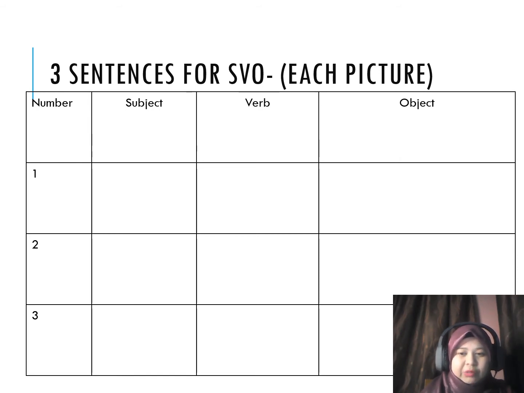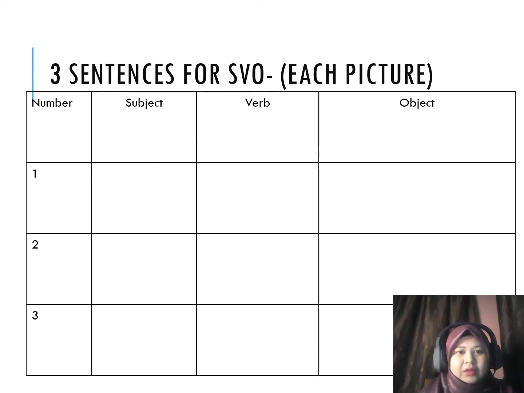Dalam buku kamu, kena buat 3. Why 3? Because you have 3 pictures. 1 picture, 1 table. Just write like this, so it's easier for you. Make 3 copies.